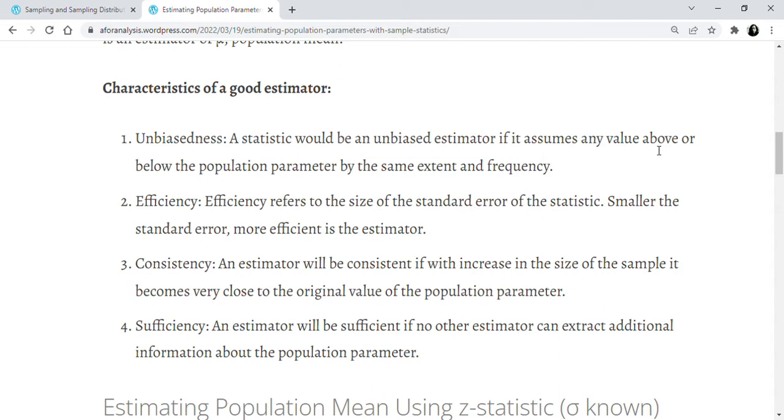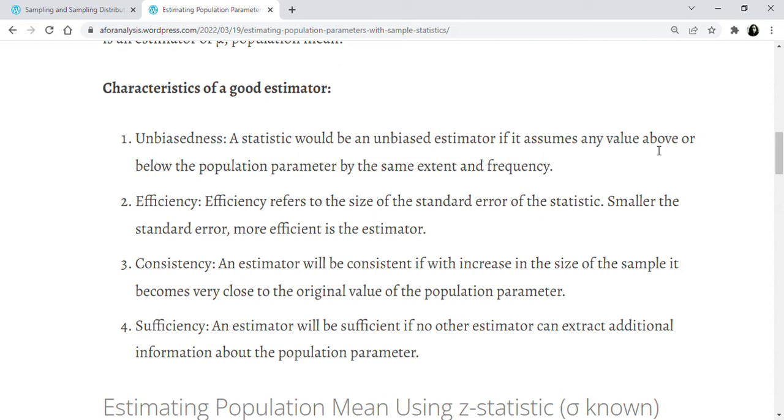What I am saying is, the sample statistic should be distributed on both sides of the population parameter, because of course different samples will have different values, and they will show you a distribution around the population parameter.